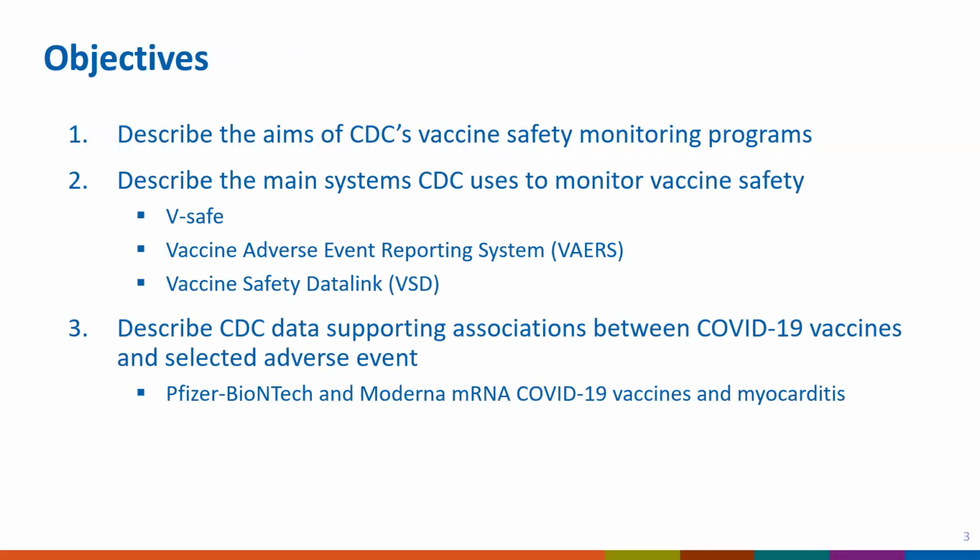I'll describe the main systems that CDC uses, including VSafe, the Vaccine Adverse Event Reporting System, and the Vaccine Safety Datalink. And then I'll describe some data supporting associations between COVID-19 vaccination and selected adverse events, focusing primarily on the mRNA COVID vaccines and myocarditis.